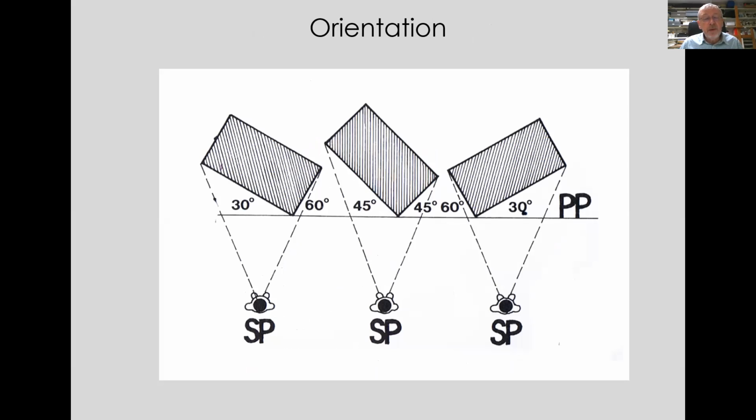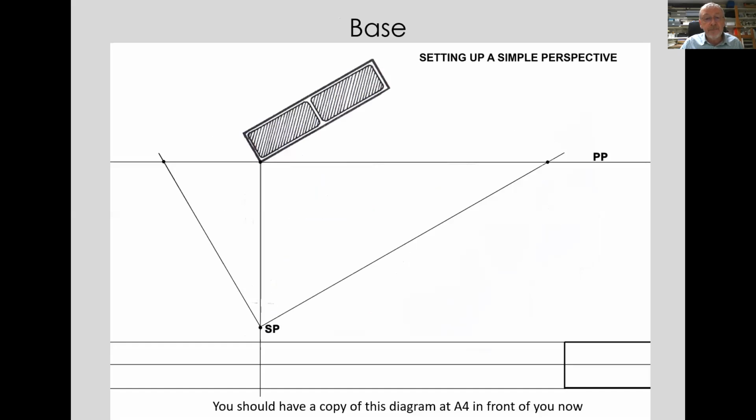You'll see on the piece of paper here, you're going to have vanishing points on the piece of paper. And that's because I've chosen the 60-30 angle on the right-hand side, which is a good angle. If you want the vanishing points equally on each side, you take the 45-45. Here again, you see the station point shows you what sort of view you're going to get from there. And that's important when you're setting up a perspective, to think about the proportions of the building that you're going to get.